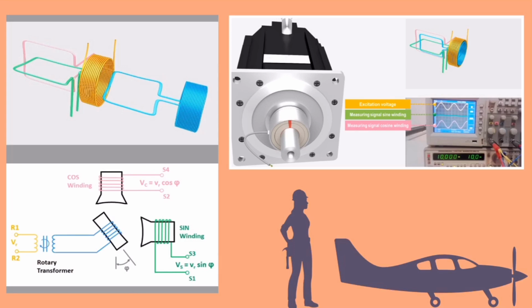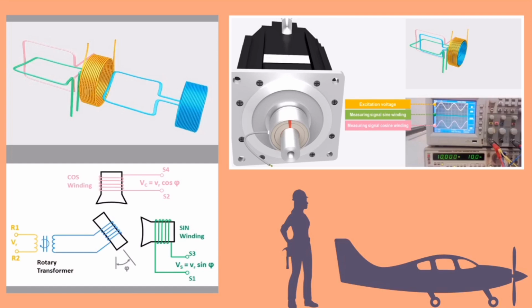However, when the rotor's angle is in a parallel position, the output voltage will be at maximum. This could happen because the angular position of the rotor is changing, and because of that, the resolver generates, in this case, a maximum output voltage.